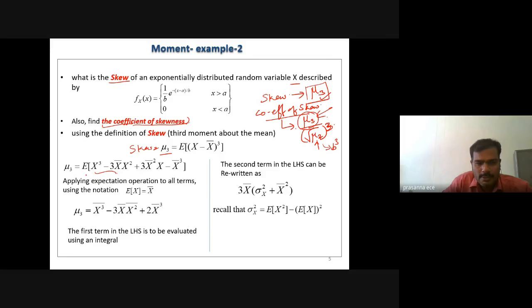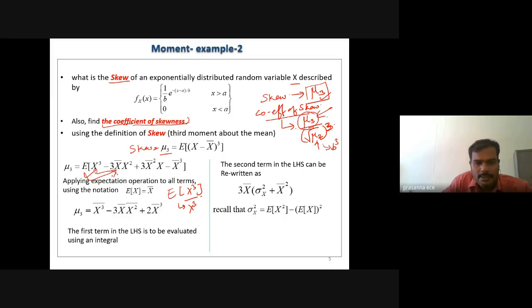So for each term, e of x cube I write as x cube the whole bar. This is also a valid notation, just to avoid clutter.